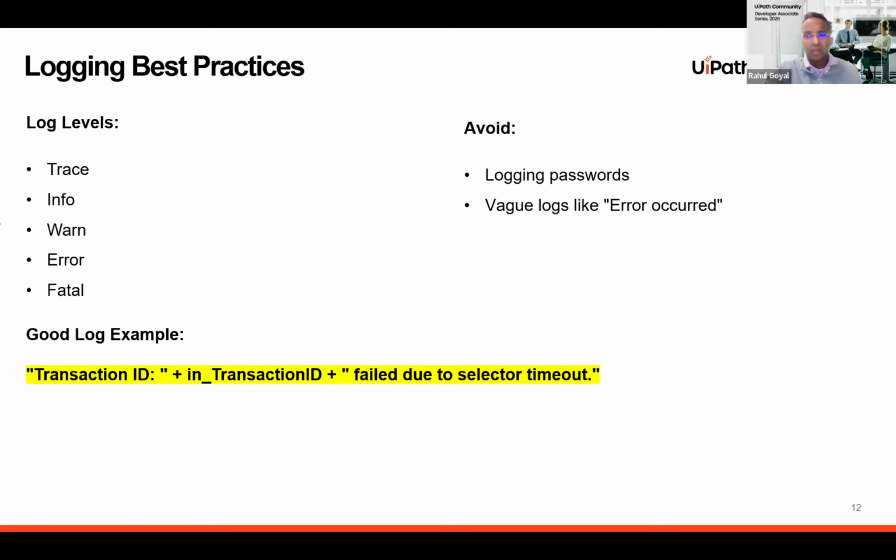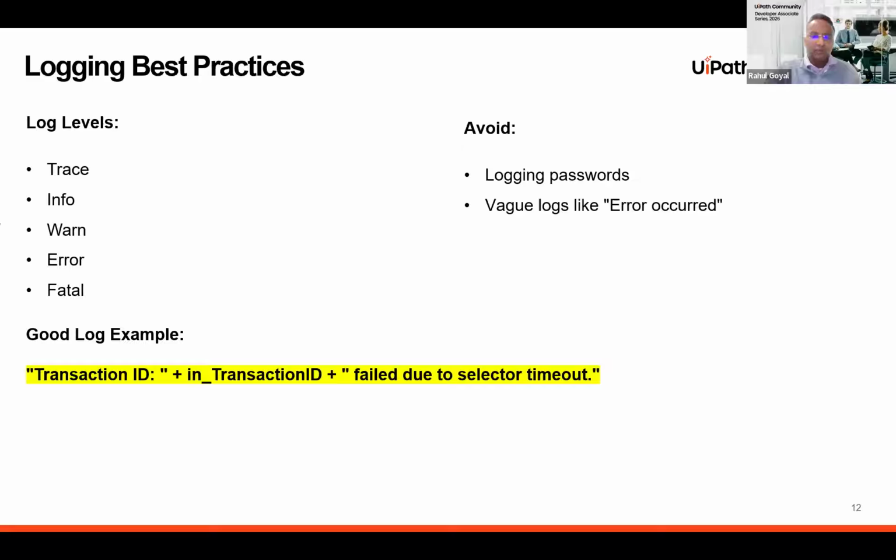That may or may not give you enough information to react to, so at least have some decent naming convention for how you're logging the errors, like the transaction ID, and then the technical transaction ID plus "failed due to selector timeout." So that when you go back later into your messages, you know at what stage my bot failed and what could be the reason.